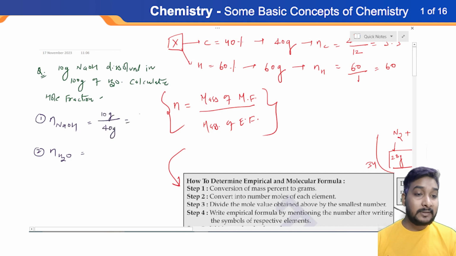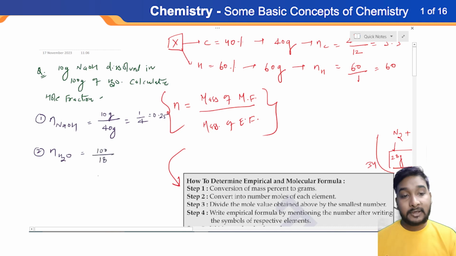So 10 by 40, that is 1 by 4. It should be 0.25 if I am not wrong. For H2O, we have 100 gram of H2O upon 18, the molecular weight of H2O. So 100 upon 18, it should be equal to 5.55. So I have moles of every component.